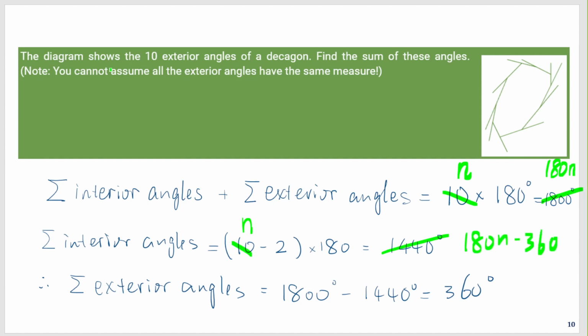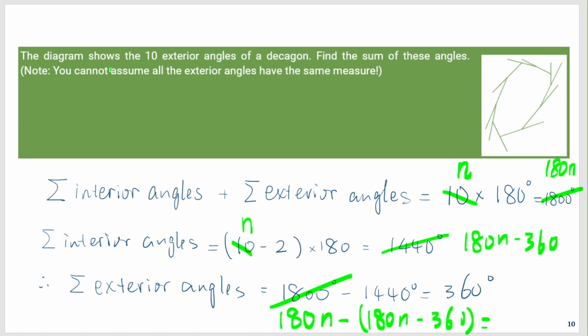Therefore, for an n-gon, the sum of the exterior angles is always 360 degrees. Did you get it?